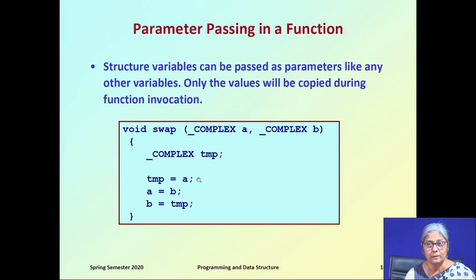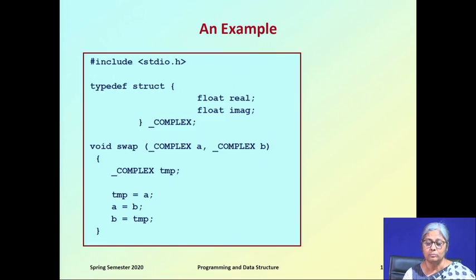So, temp equal to a, since we have already read that assignment is possible for structures. These are two structures, so temp equals a, similarly a equals b and b equals temp. Unlike the array, though it has two parts, real and imaginary, we can directly assign the structures. Now, if we write the main program, first is the struct with float real, float imaginary, named complex, which is my definition of the complex type.